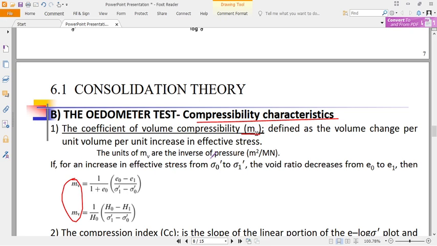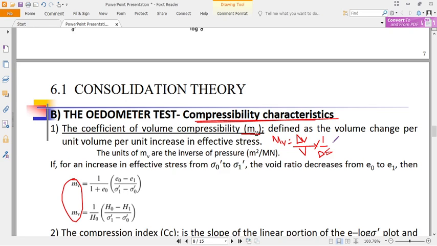What we call the coefficient of volume compressibility is very important. It is defined as the volume change per unit volume per unit increase in what? Effective stress. So we are saying that MV is equal to change in volume per unit volume again times 1 over per unit change in effective stress.